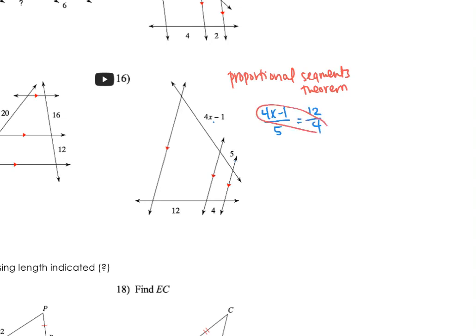And then we're going to cross multiply. So distributing the 4 times 4x is 16x, and 4 times negative 1 is negative 4. And then 12 times 5 is 60. So add 4 to both sides. 16x equals 64. And then divide by 16. We get x equals 4.